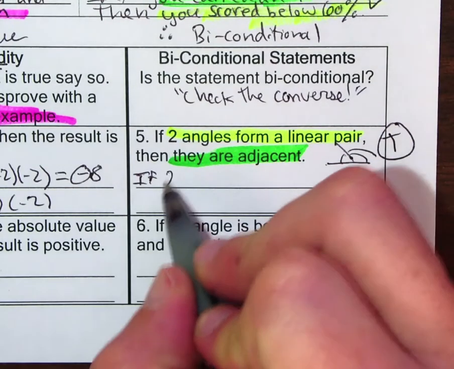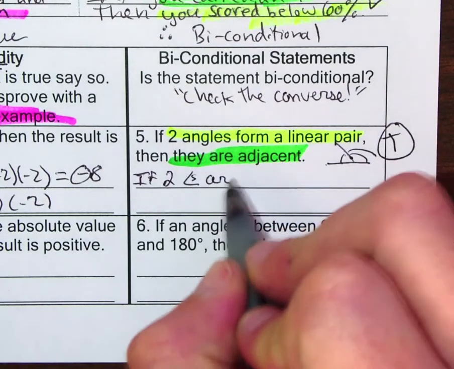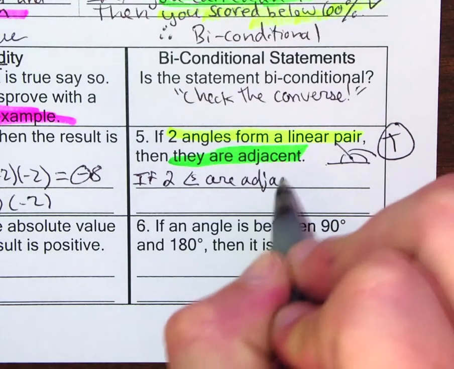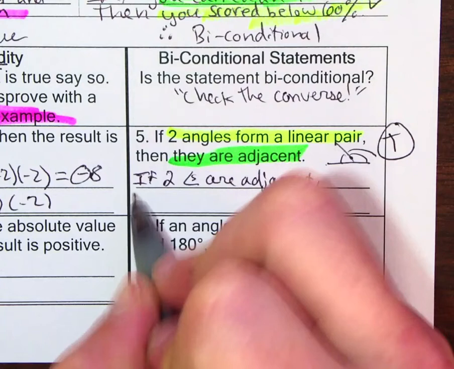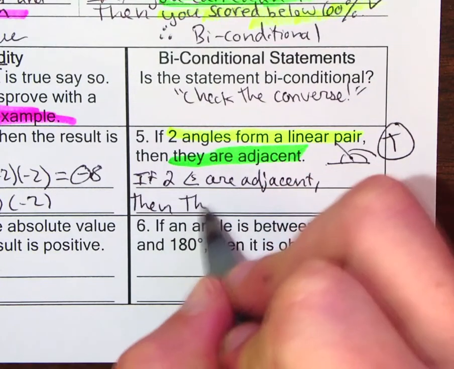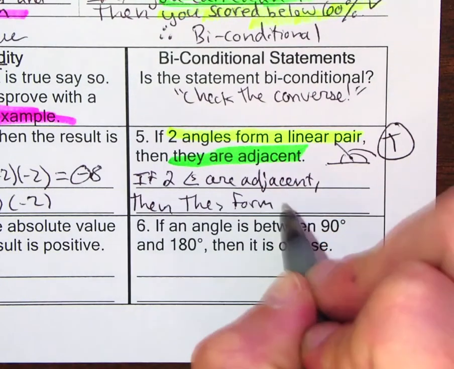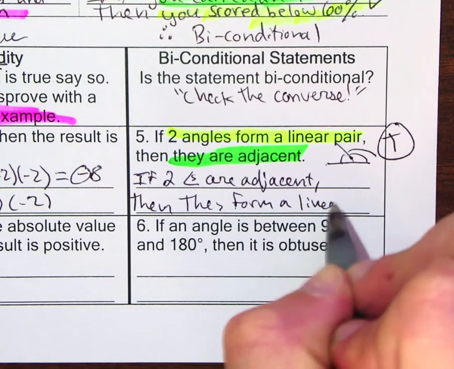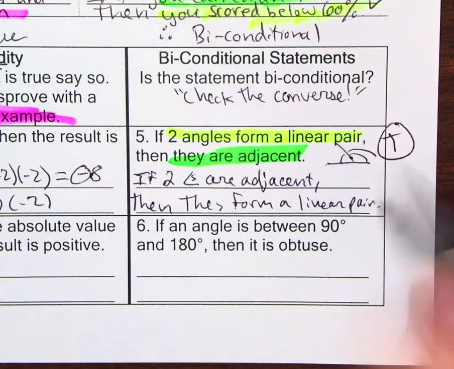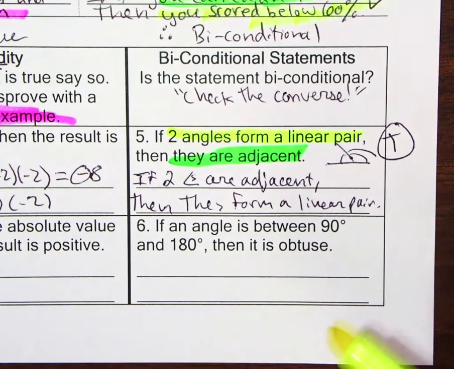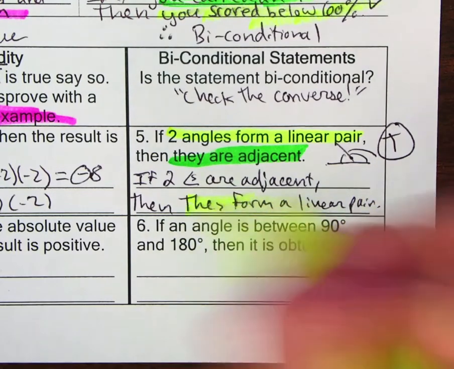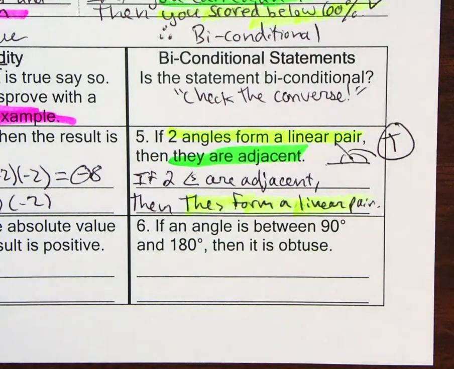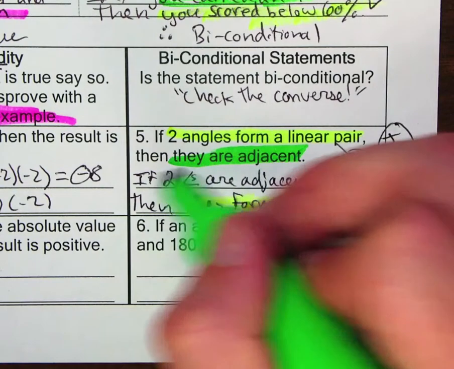If two angles are adjacent, then they form a linear pair. Notice how I brought down the hypothesis and up the conclusion.